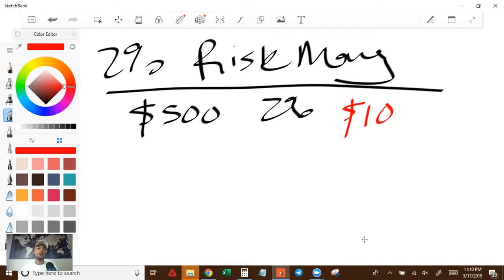Now, how would you know what point exactly you would lose $10? Well, we're going to be talking about lot size and stuff like that, but we're also talking about stop loss. Okay, so let's just say that you're going to get into a trade, right? And you know what your stop loss is.